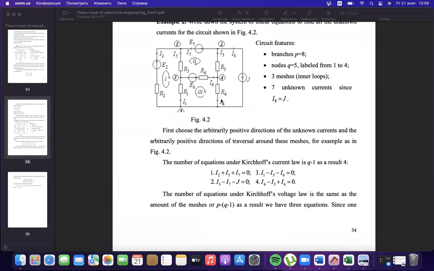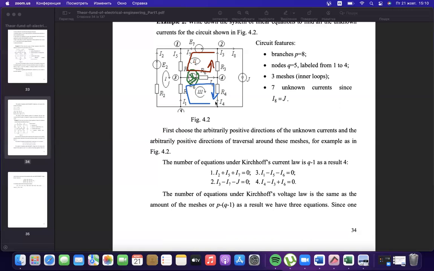And if, for example, we have a current source and try to take a couple of meshes using this current source, our equation will be incorrect, there will be a mistake inside our system, because either we should equalize both of these meshes to the source, but it will be incorrect because they are different.